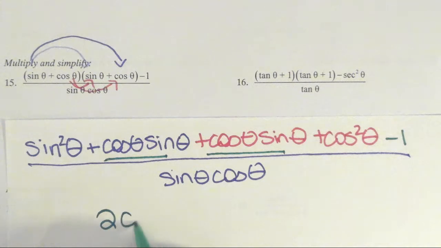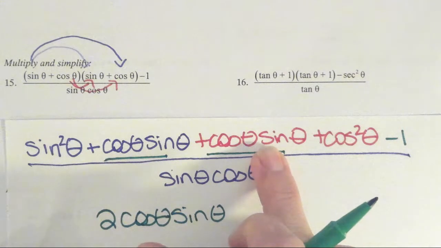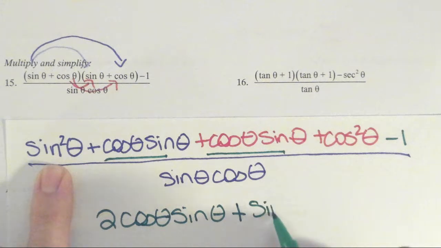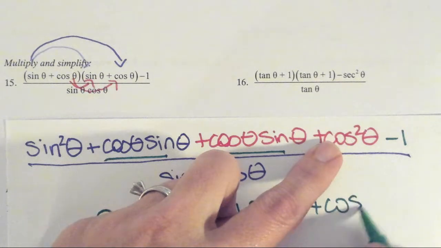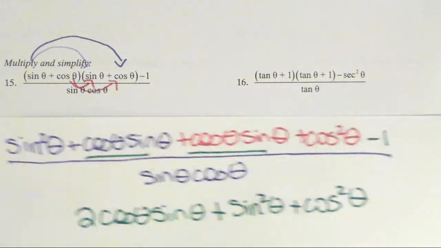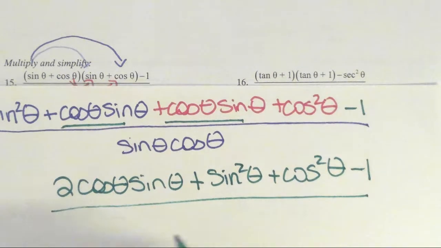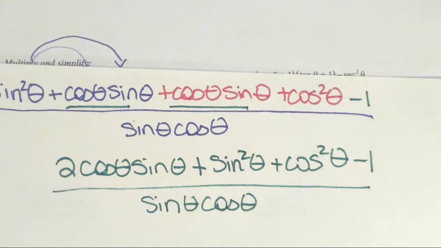On top, we have two cosine sines, a sine squared theta and a cosine squared theta, and then I'm going to bring down that minus 1, and it's all over sine theta, cosine theta.